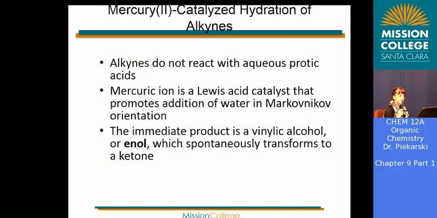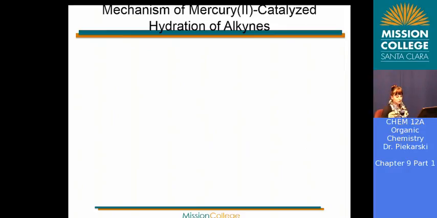And the immediate product is a vinylic alcohol, or an enol, which spontaneously transforms into a ketone due to this whole cool process called keto-enol tautomerization, which we'll go through. But before that, I just wanted to show you the basic mechanism.